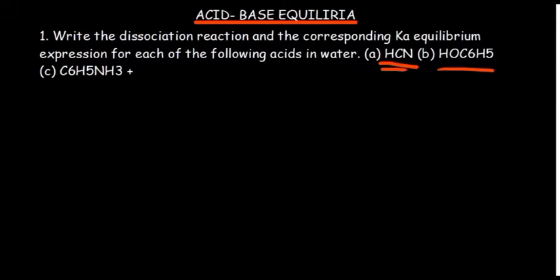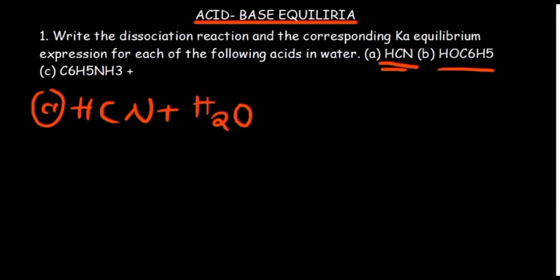For the first part, we have HCN being dissolved in water. According to Brønsted, an acid is something that is supposed to donate a proton. So it is going to lose the hydrogen there.